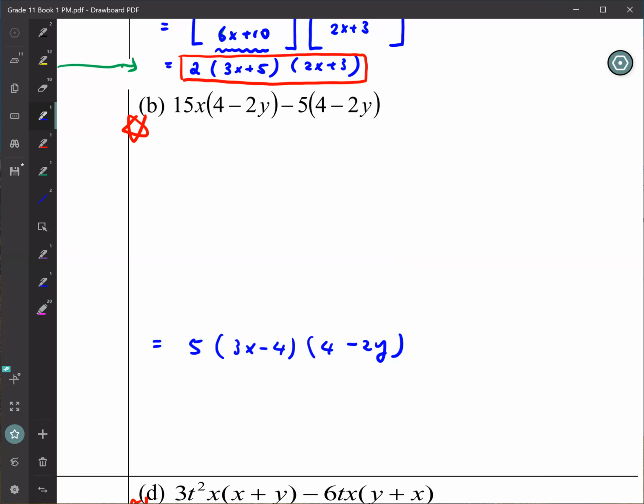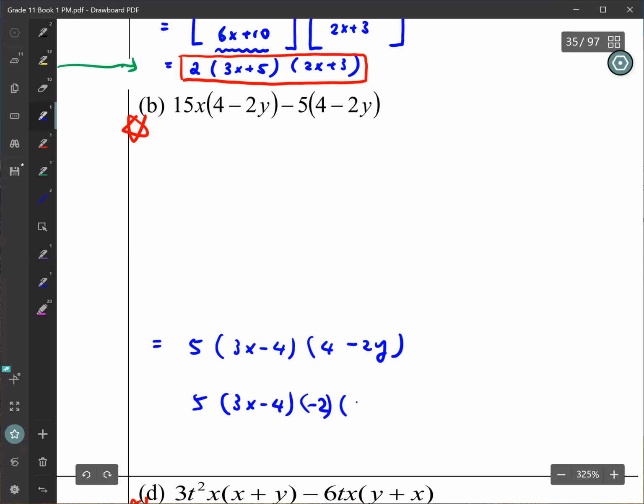Jenny, what do you have? I have the same thing, except in the second bracket, I did -2 on the outside, and then y plus 2 in bracket. Okay, let me try to write it. Is it looking like this and then -2? Yep, and the bracket y plus, no bracket there.